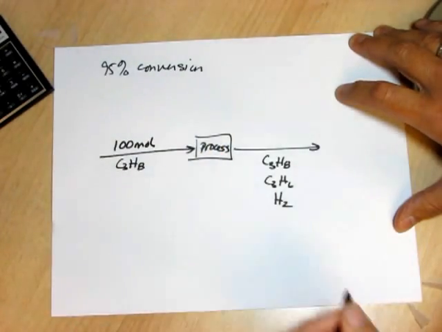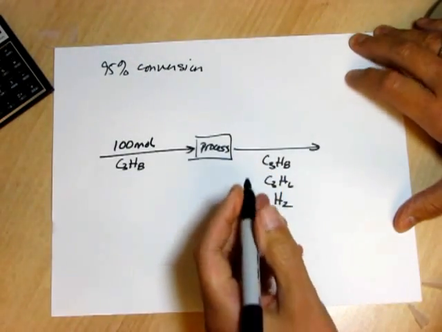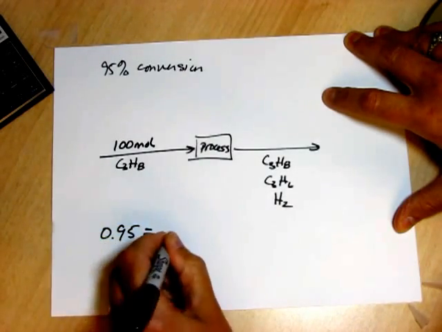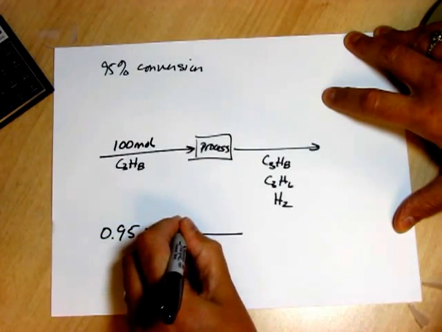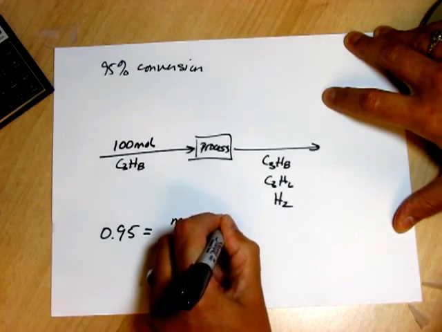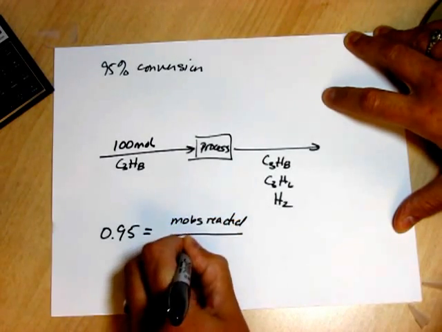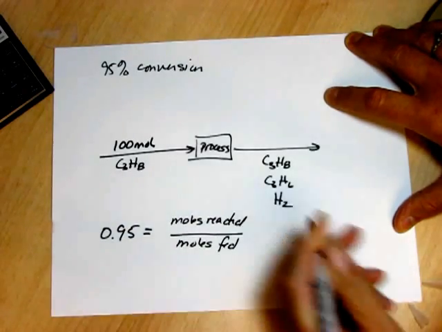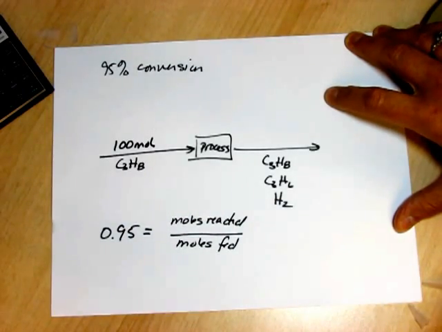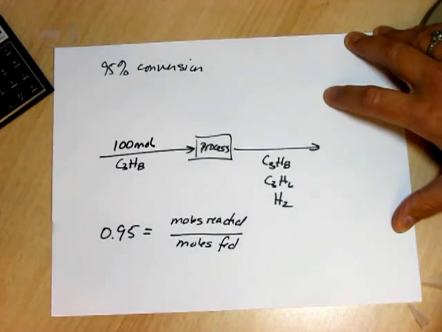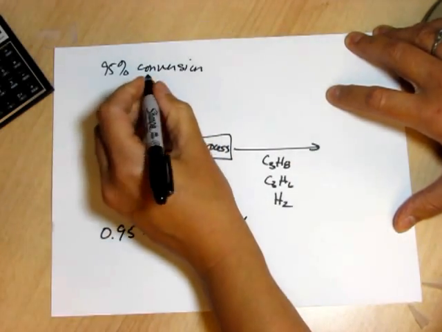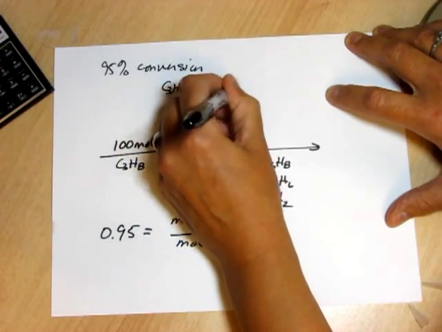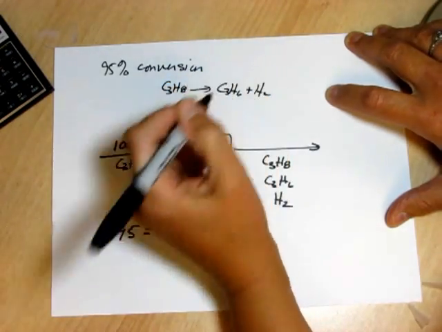Now, in order to interpret that number, we need to know what conversion means. 95% conversion means that 0.95 is the ratio moles reacted over moles fed. Our reaction was given in the original problem statement. So our reaction is C3H8 goes to C3H6 plus H2.